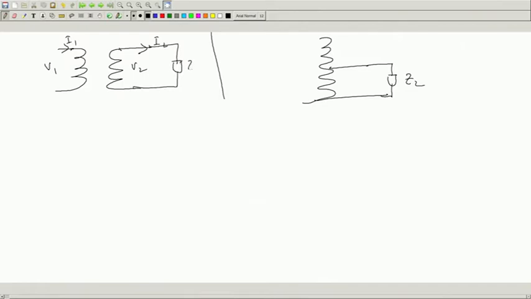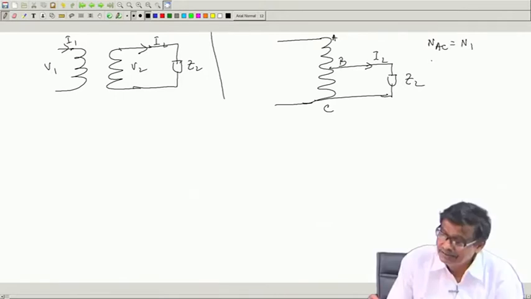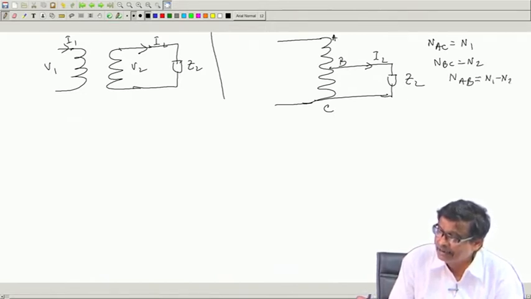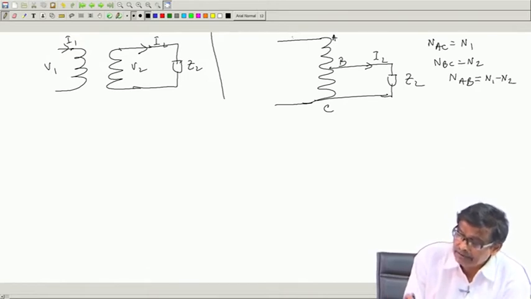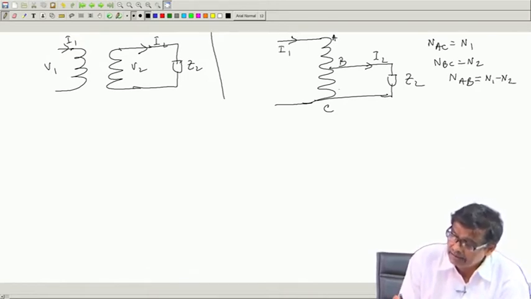So, that same current I2 flows here. This point is A, B, C. Let me repeat, N BC is N2 and N AB is N1 minus N2, and this is I2, this is I1, and this is I2 minus I1.